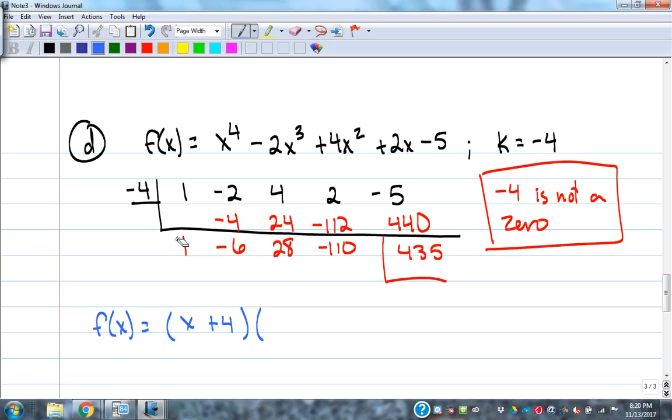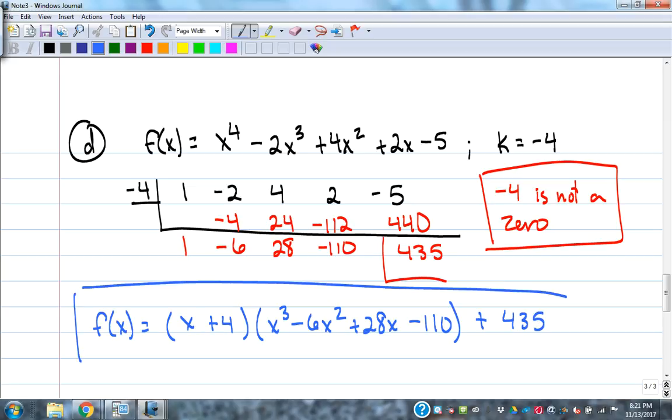What x do we start with? X to the 3rd minus 6x squared, 28x minus 110. And then we add our remainder, 435. There would be that form. That form becomes more useful next week when we start doing more.